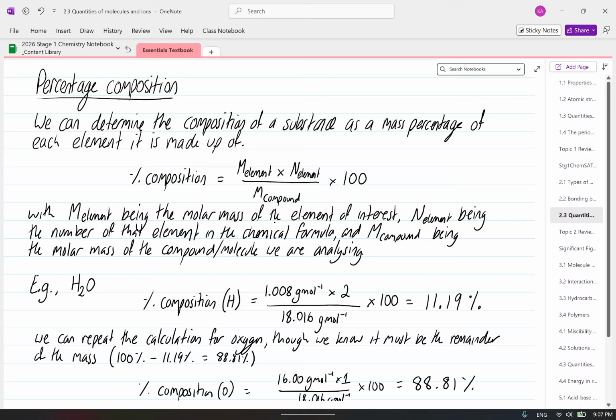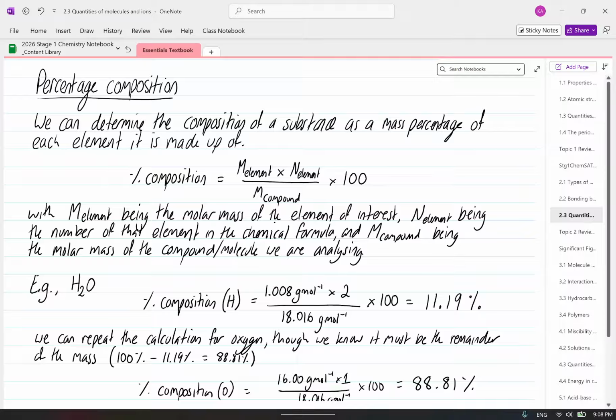So for any particular compound, we're going to investigate the percentage composition of that compound contributed by any particular element. You'll see examples in a minute, but this equation just here is the one we're going to be using.